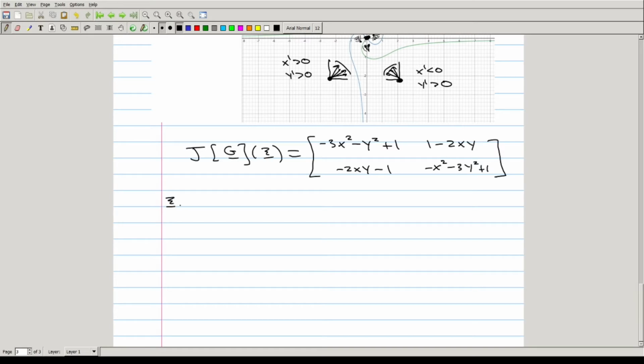At the one critical point, this matrix we'll call A, and it has a relatively nice form. It is 1, 1, negative 1, 1.